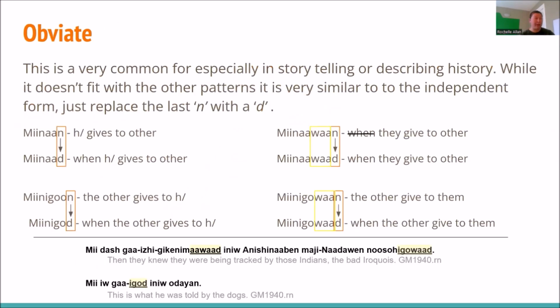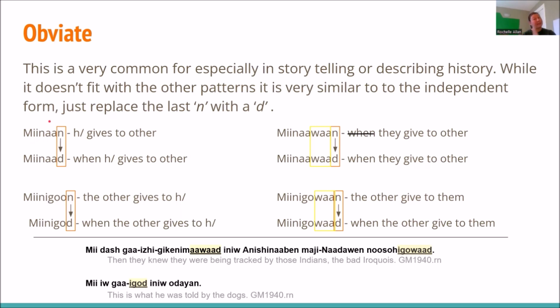If you know the independent form, what you're going to do here is replace the N that you used in conjugating 3 to 4 in the independent form. You're going to replace it with a D. Minan becomes minad. And some people may have an O at the beginning of the independent form. So that doesn't happen here.